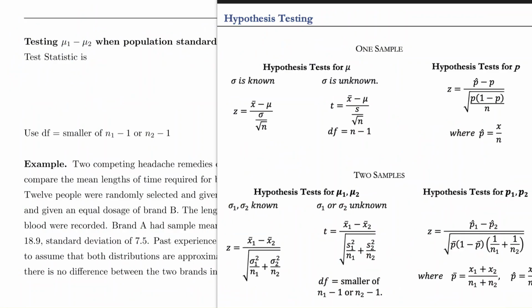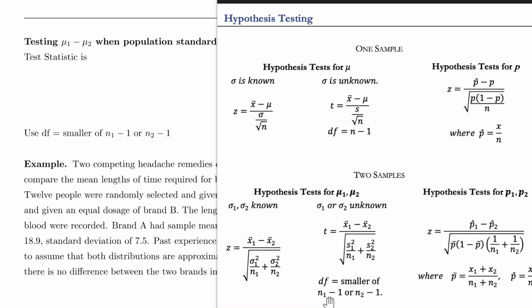So now we're going to look at testing two means when population standard deviations are unknown. So when it's not known, we use T, this formula, to find the test statistic, and we use the smaller of the sample sizes to find the degrees of freedom.